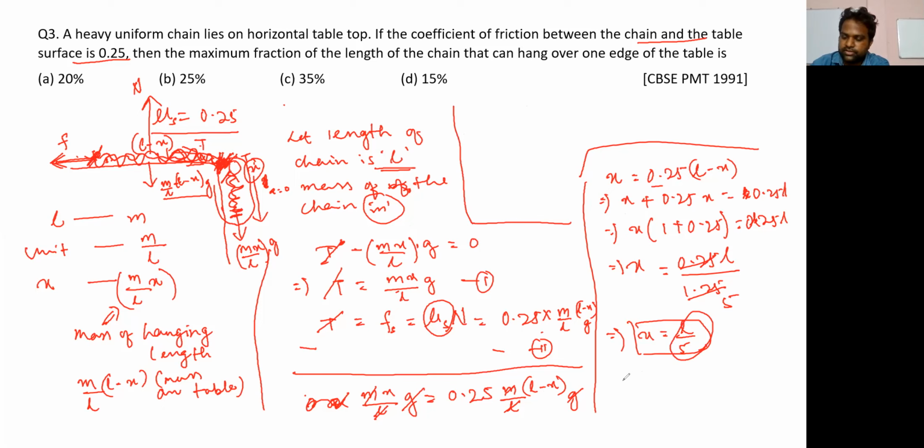So L by 5 into 100 by L, because L by 5 is out of L. So you can convert to percentage.